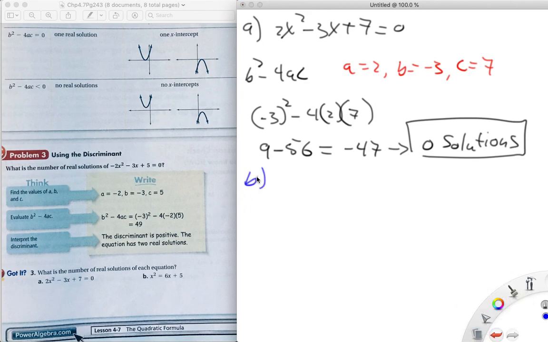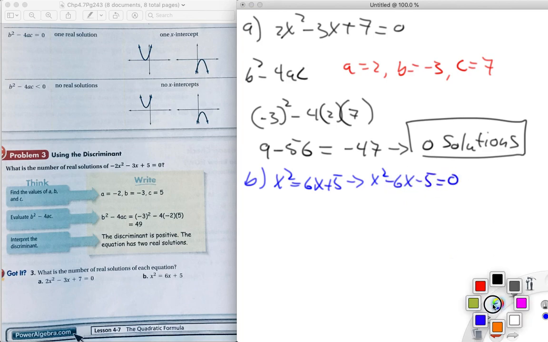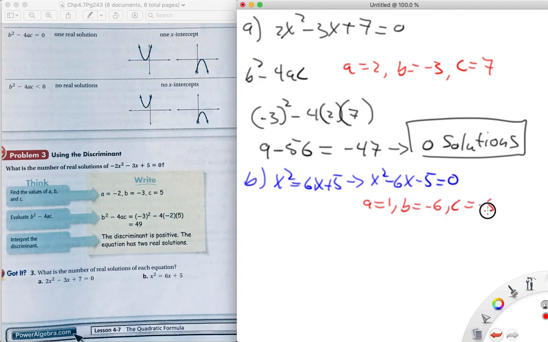And in B, they give me x squared equals 6x plus 5. I'm going to subtract the 6x and 5 from both sides. So it's going to be x squared minus 6x minus 5 equals 0, where a is equal to 1, b is equal to -6, and c is equal to -5.